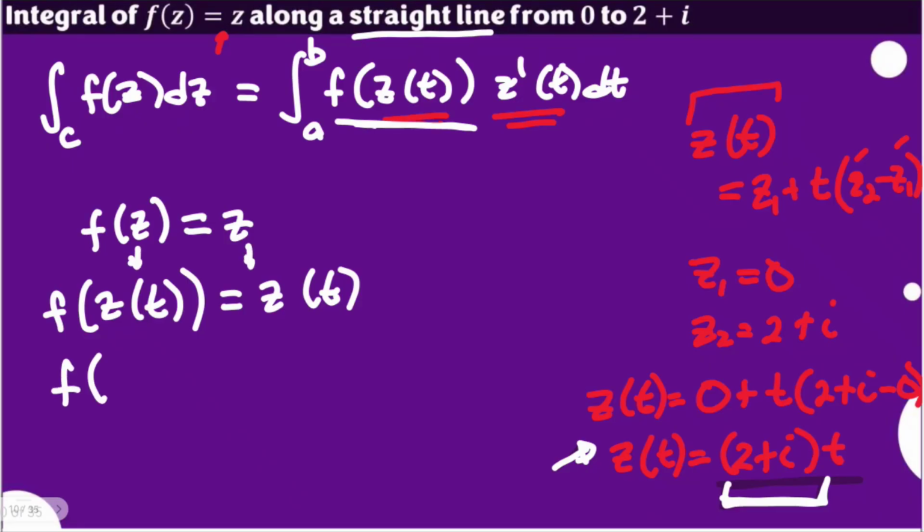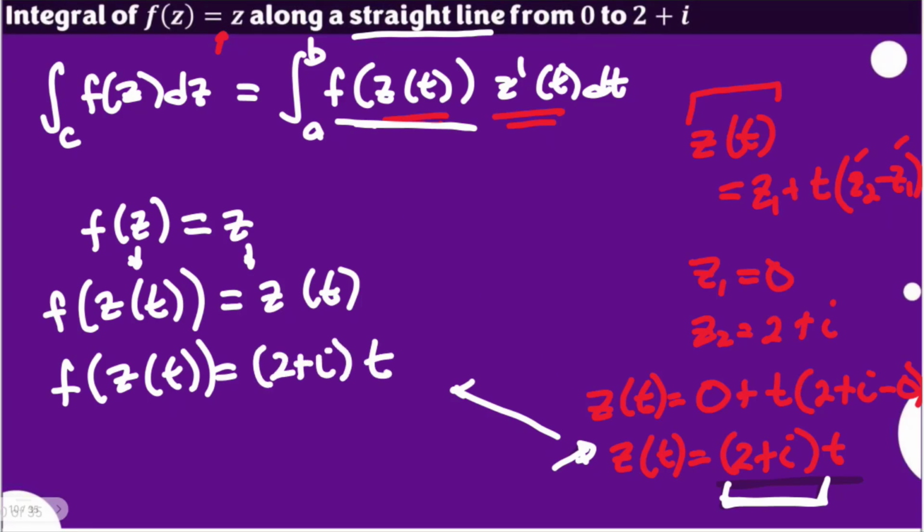Meaning f of z of t is just 2 plus i times t. Take note, it's not all the time that this is true. It depends on our given function, because if this is z squared, we're going to square this as well. But since earlier f of z was equal to z, we have the same expression here.